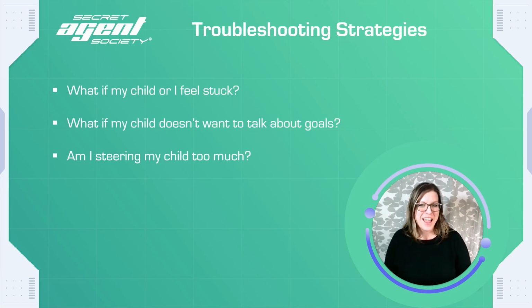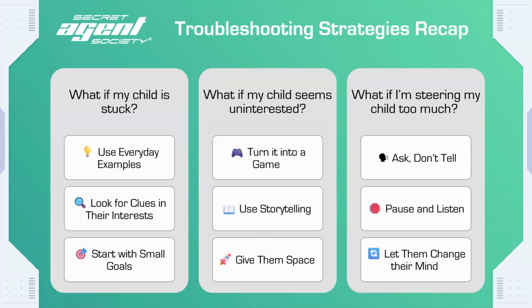I hope these strategies are helpful for you with troubleshooting any challenges you might encounter, and that you can have fun exploring. To help recap all the troubleshooting strategies we just walked through, I've put them on the screen here for you. So if your child is stuck, remember, use everyday examples, look for clues in their interests, and start with small goals.